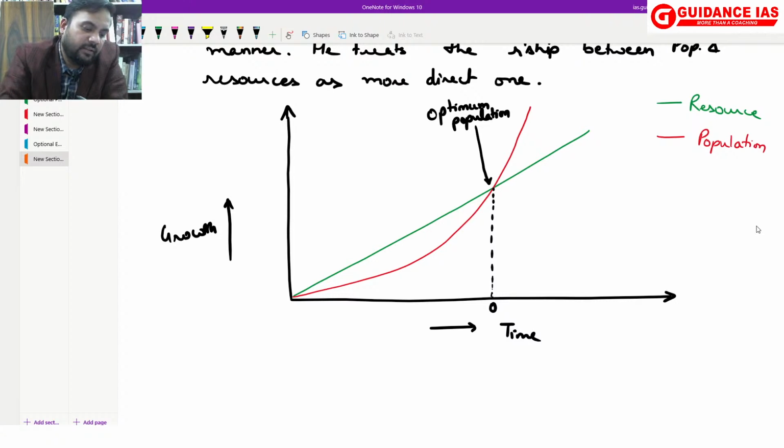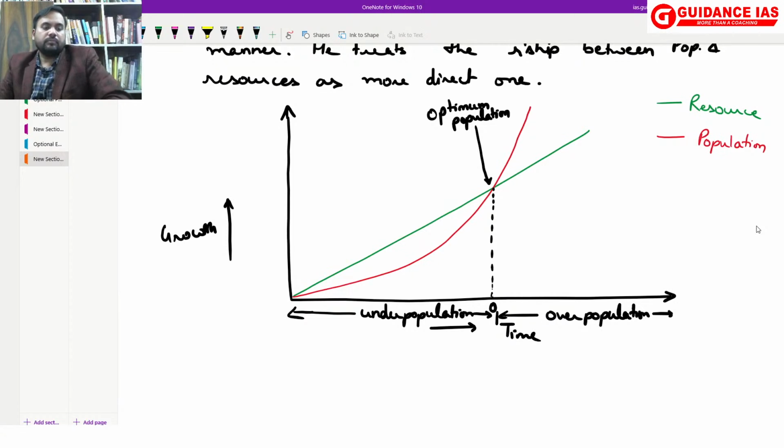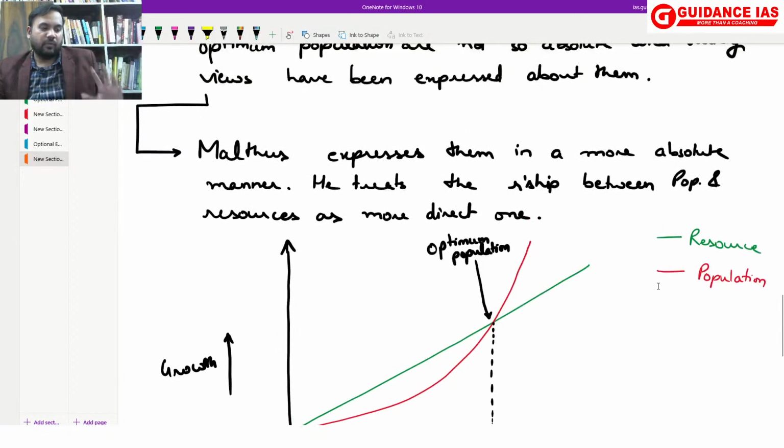while here is the situation of under population, and from here is the situation of over population. Is the situation of overpopulation. Okay, so what is one idea?